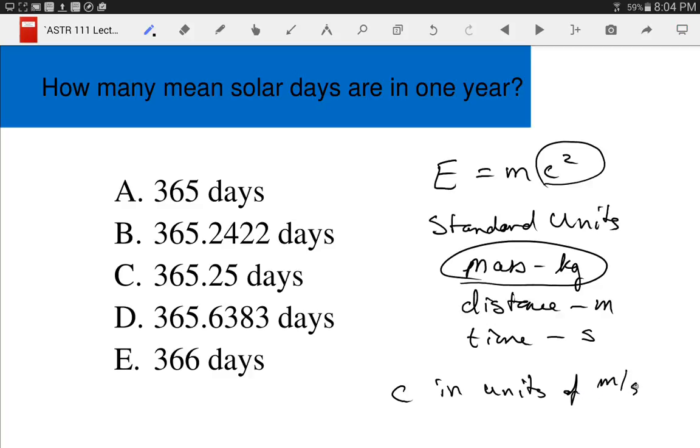So substitute for C M over S. No, you need the number as well. Look at the equation. What you're going to put in is the speed of light, which is in meters per second. Well, you can get the speed of light in other units, like some people use miles per hour. I don't even know what that value is. But I know what it is in meters per second. But you need to make sure you use the value in units of meters per second. So the correct value is 299792458 meters per second.